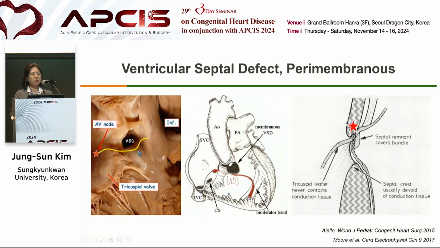In the heart with the PMVSD, the atrioventricular node is located in the normal position, indicated here as a red star. The yellow line indicates the location of the atrioventricular conduction axis. The bundle usually lies on the left ventricular aspect of the posterior inferior border of the VSD.